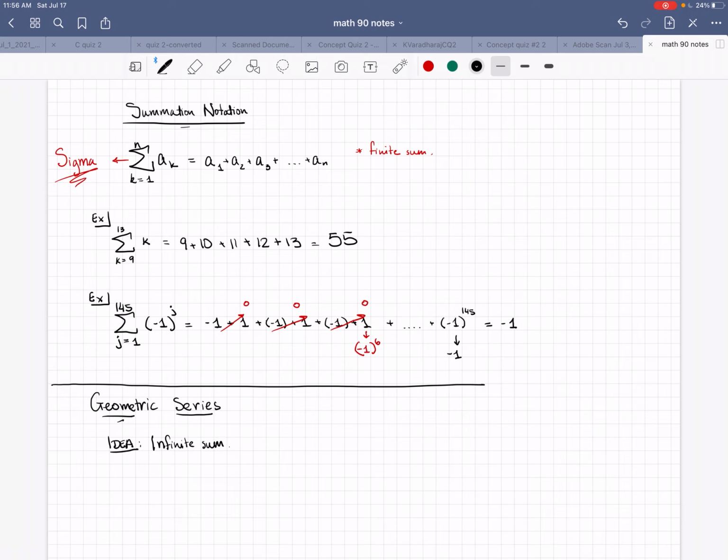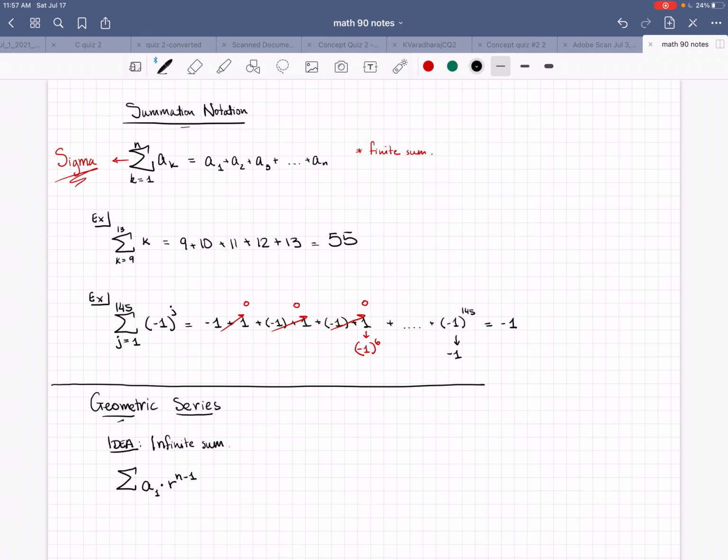Okay, so if we go back to our previous conversations, we know that a geometric sequence is a sub 1 times r to the power n minus 1. And to turn it into a series, we simply put on a sum.